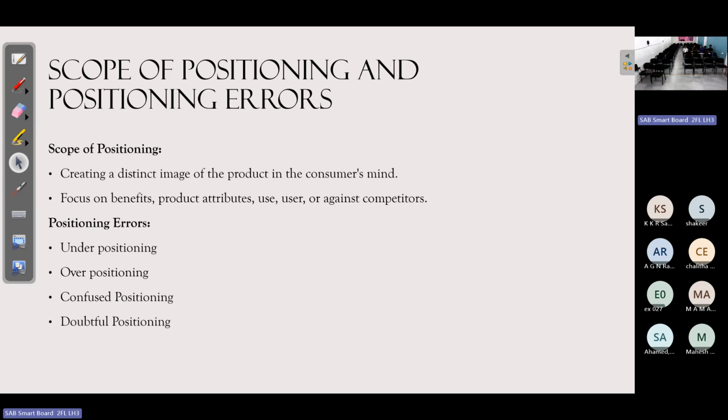If we are only considering high income level people, then over positioning will be fine. But if we want to target the entire market, and we only focus on the luxury part of the product rather than the practical usage, then we will miss out some of the customers. You may not be able to attract some of them.